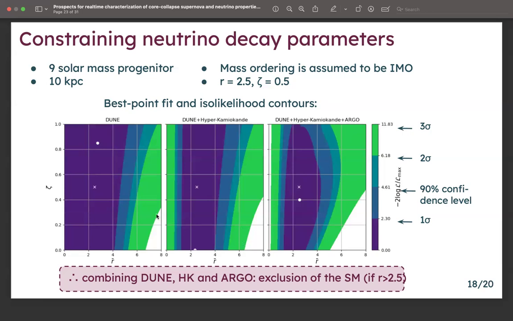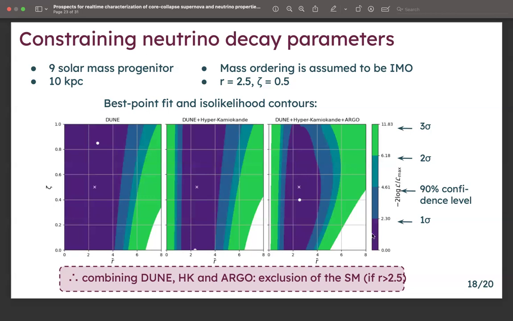So what you see is that the star is the true value, R equal to 2.5 and Z equal to 0.5, and the prediction moves across a bit, but there is still something very important that we can take out of this. If you look at the plot here on the right, at what happens for R equal to 0, R equal to 0 is excluded with 3 sigma from being possible.